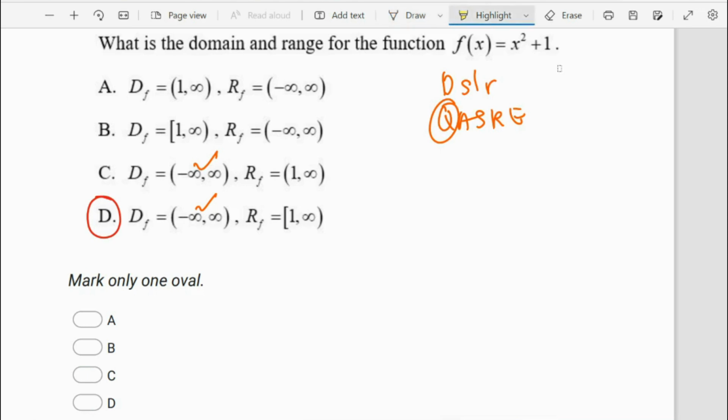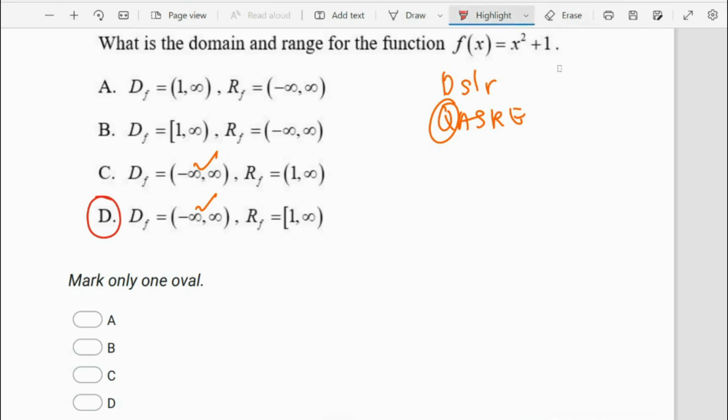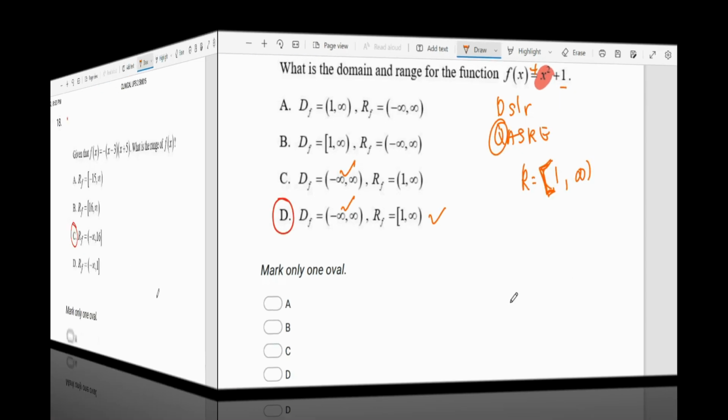It seems like this quadratic function is already in completed-square form. We cover the quadratic part, and you will see the value 1. So your range will be 1 to positive infinity, with a close bracket at 1. So 1 to infinity.